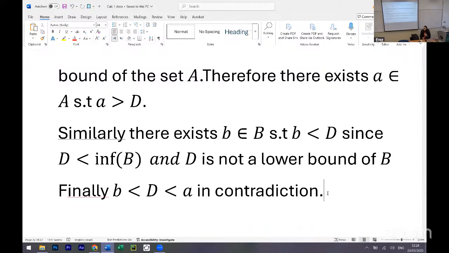So the element that is bigger than m minus epsilon is the maximum, the very maximum itself. So in this case, the so-called D is the very element which is in the intersection of the two sets, the maximum of the lower one and the minimum of the upper one. So there is no problem with this proof.